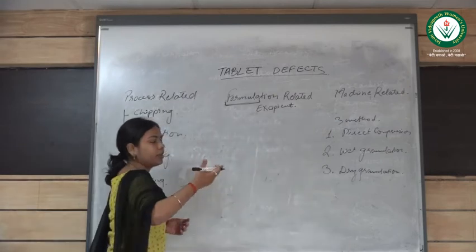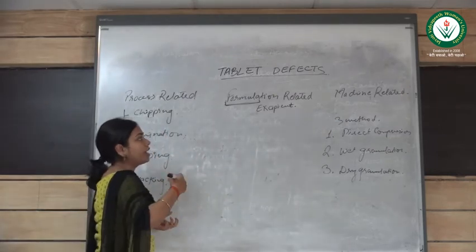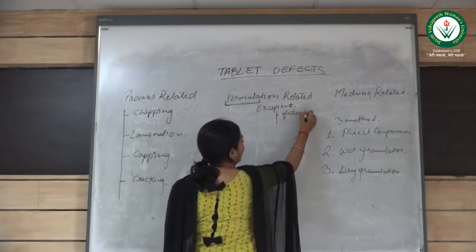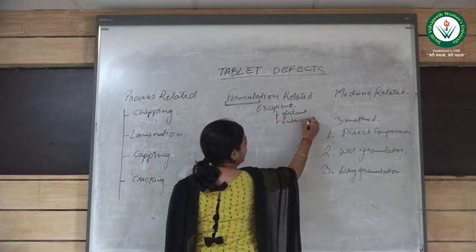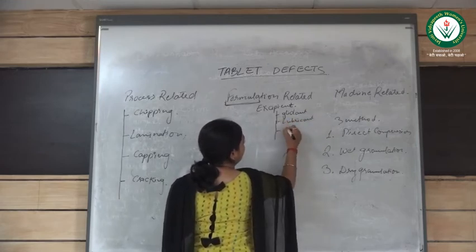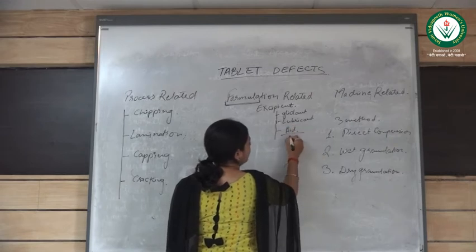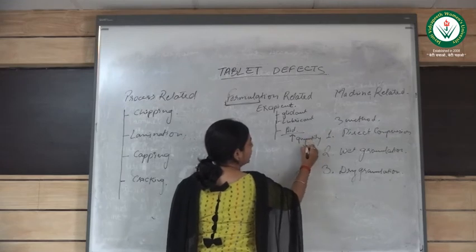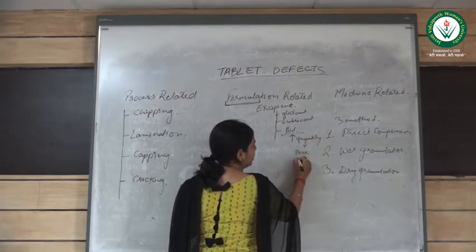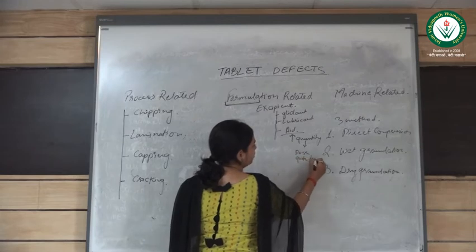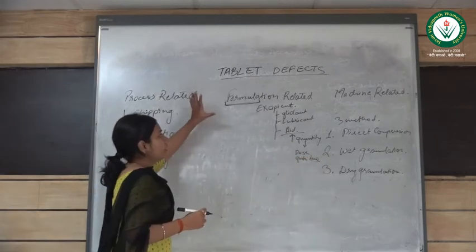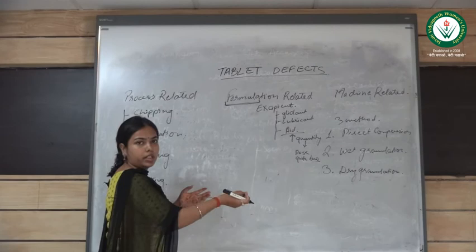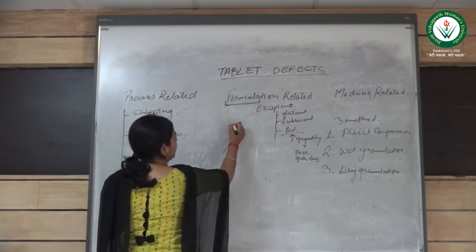That is, we might increase or decrease the quantity of the excipient or replace a particular excipient, which might include a glidant, a lubricant, or a pharmaceutical aid that increases the quantity of a tablet in case the dose is quite low, etc. So the issues related to the formulation which result in certain defects are categorized into this category.